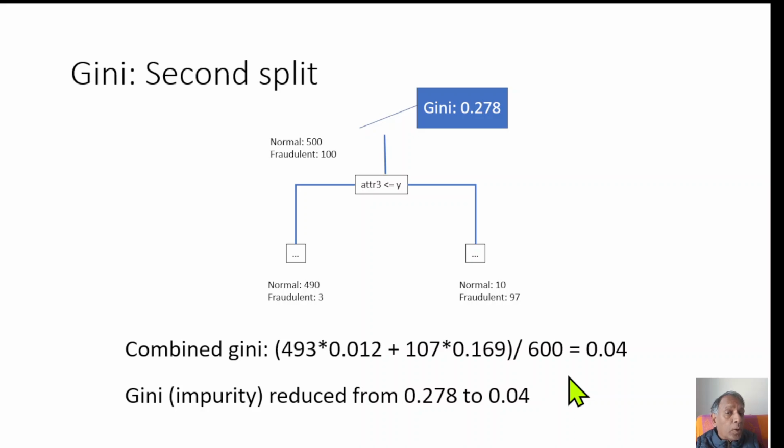So in the computer, at the time it is trying to build the tree, if it has to compare, should I do this split or should I do the second split? It's going to compute the Gini for the two splits and say, hey, the second one is much better, so that's the one I'm going to do. So it is applying the Gini index as a criterion when constructing the tree.